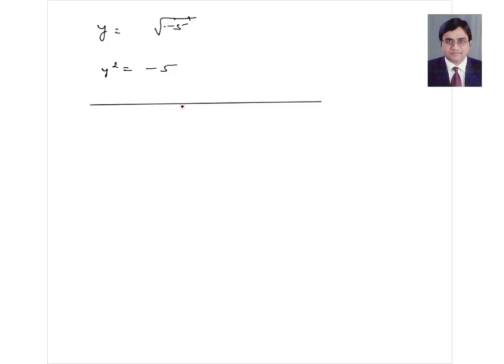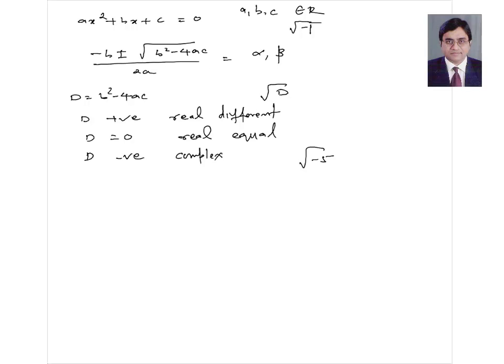Where will you put it? It does not exist on the real number line. But to deal with these numbers, you make use of a plane called the Argand plane. And there is a topic which deals with these types of numbers called complex numbers.